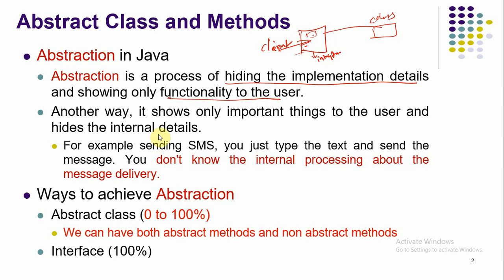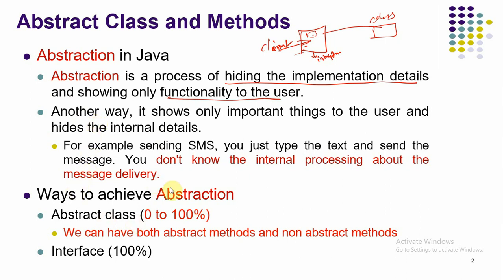It will connect to the server, send the message, find the contact details, and the message will be stored in different cloud storage. So there are so many internal details that there is no need to expose to the customer or client user. This is the real life advantage of abstraction.